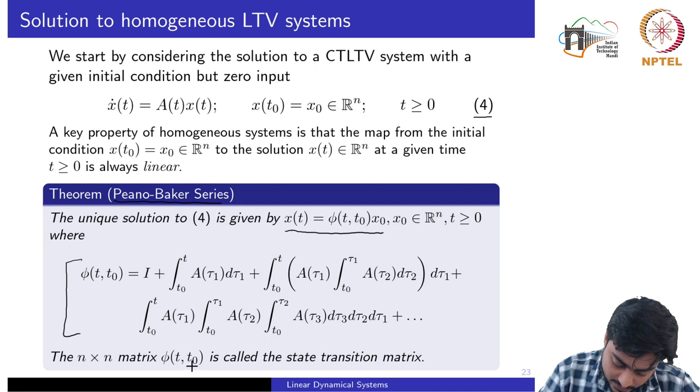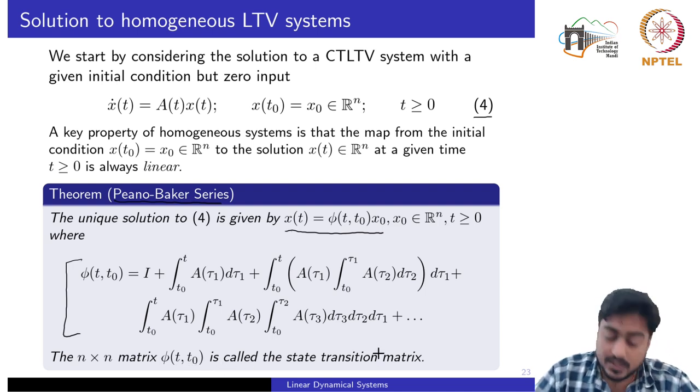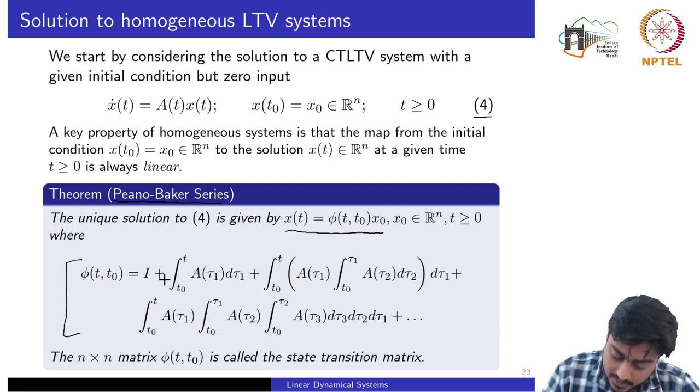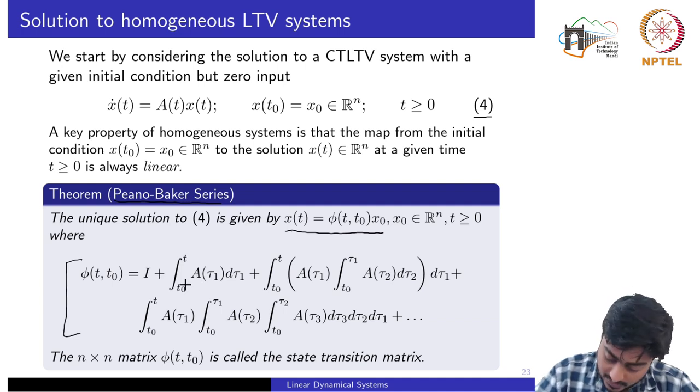This n cross n matrix phi(t, t naught) is called the state transition matrix. Since A is a time varying matrix, we have integrals of the state matrix A as a never-ending series.